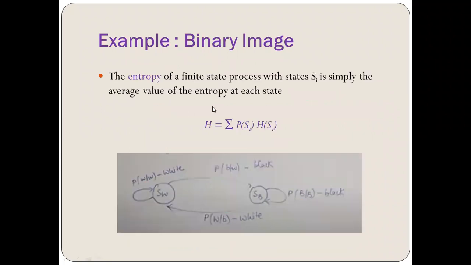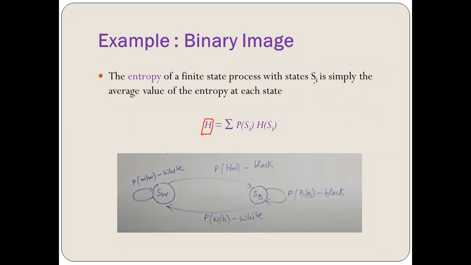Now we can define the entropy, because a model is said to be good only if we can estimate the actual entropy of the source. Then it is termed a good model. So we are going to estimate the entropy. We all know this is denoted by H, the entropy of a finite state process with states Si.